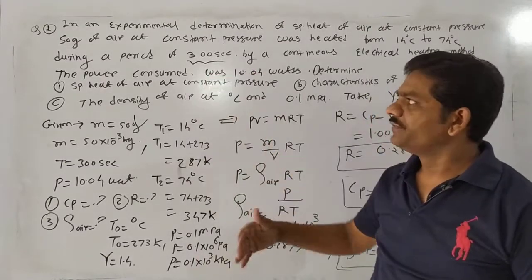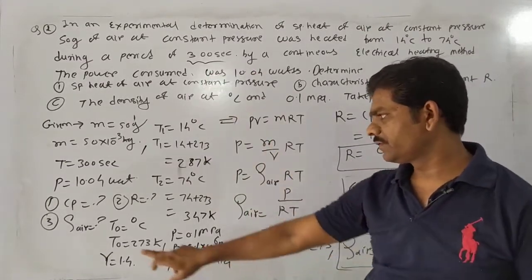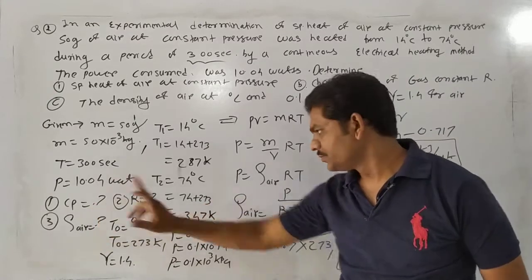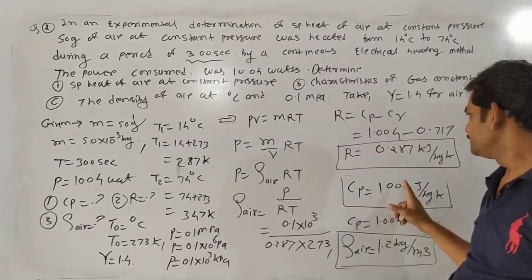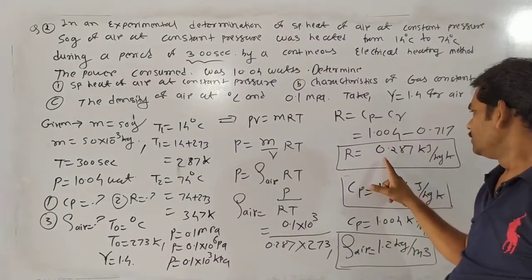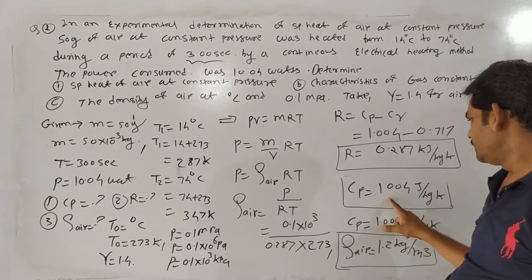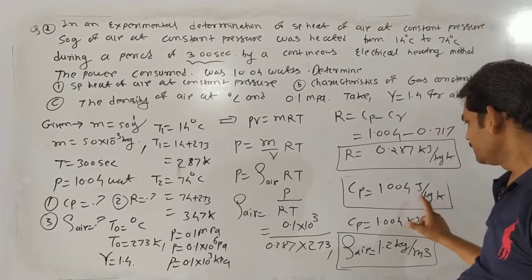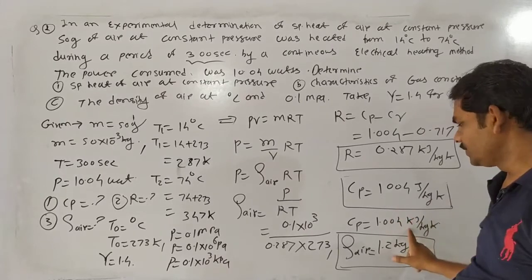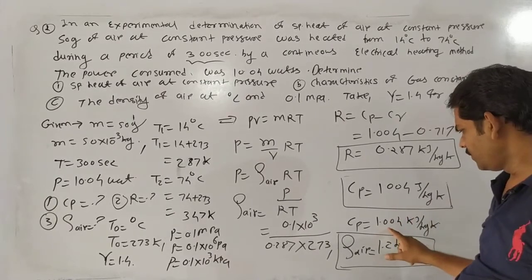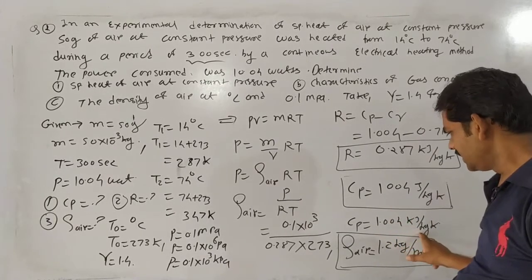Okay, so it is a very easy problem. First we require the Cp of air. So we calculate the Cp of air. It is in joule, 1004 joule per kg Kelvin. Convert the joule into kilojoule. So how much? 1.004 kilojoule per kg Kelvin.